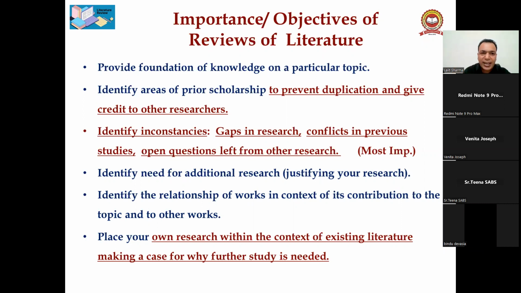Number two, identify areas of prior scholarship to prevent duplication and give credit to other researchers. A review of related literature helps me here. For example, I have selected that topic, but I cannot claim that I'm the first person in the world who is selecting the topic, the effect of social media on people's minds.